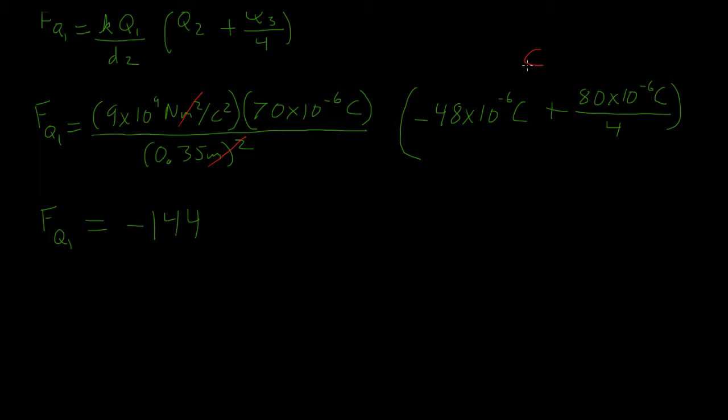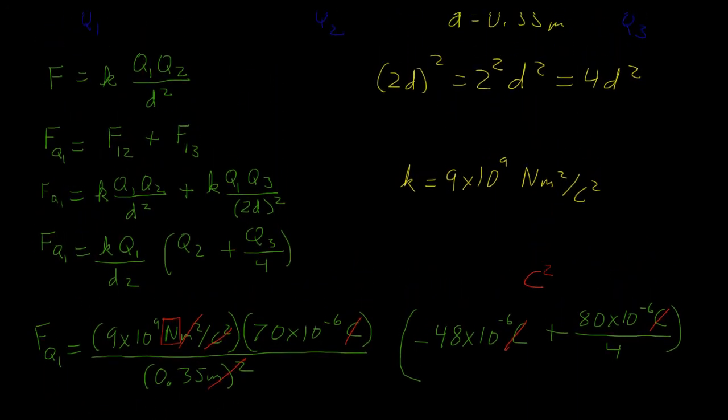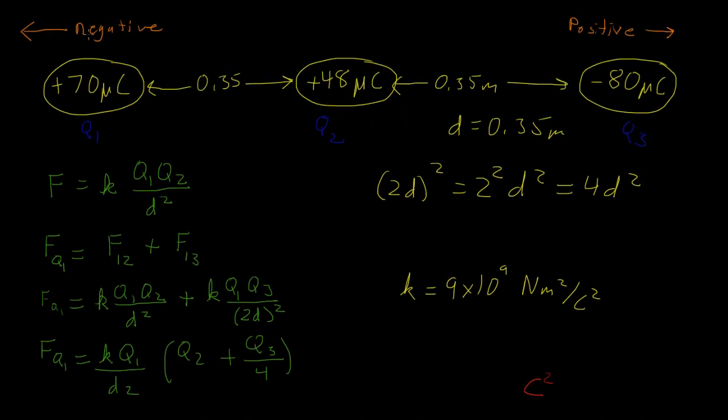But then when I take coulombs and I multiply by coulombs, then I'll get coulombs squared, and that's in the numerator. And here I have coulombs squared in the denominator, so these will cancel. And I'm going to be left with newtons, which is good because we want our force to be measured in newtons. And the negative tells us that the direction of the force on Q1 is to the left.